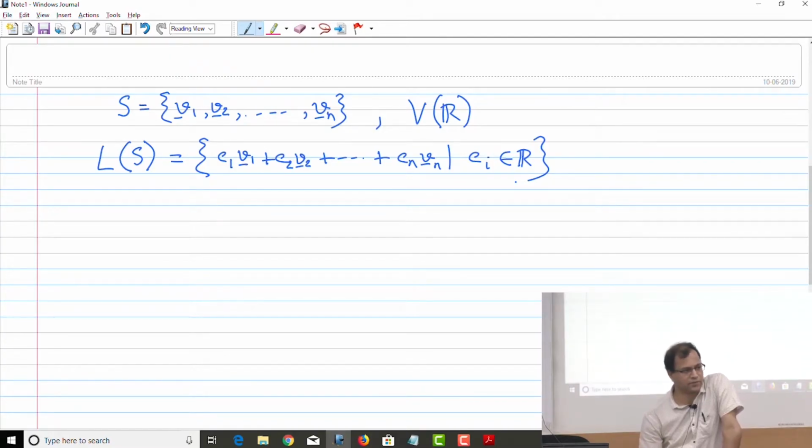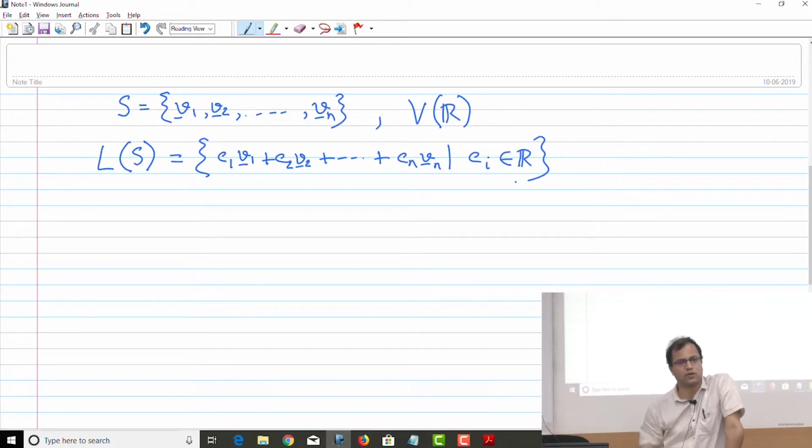What should we do? We should take two elements from this linear span and two scalars from the scalar field and show that their addition is again in this subspace and the scalar multiplication is again in the subspace.